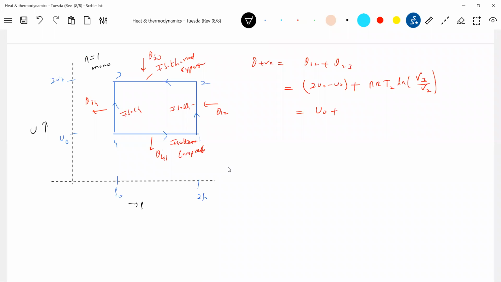But we don't have nRT2. So you come for this U23. This should be equal to nCV T2. T2 equal to T3. Is it like that? Because temperature must be constant. Isothermal process it is.